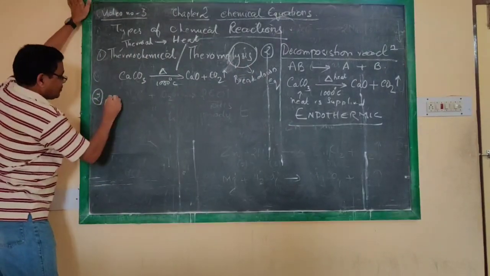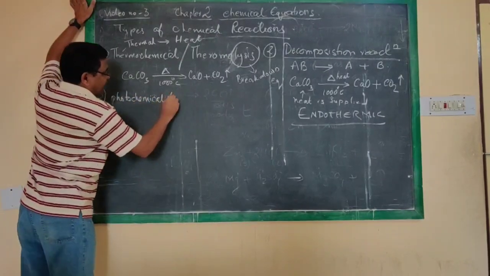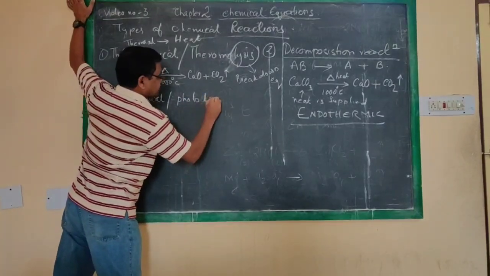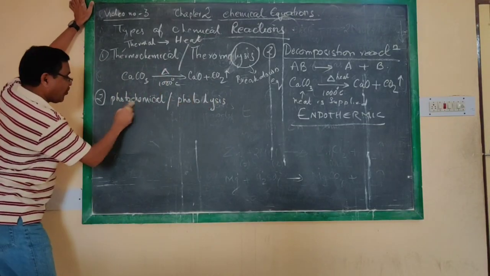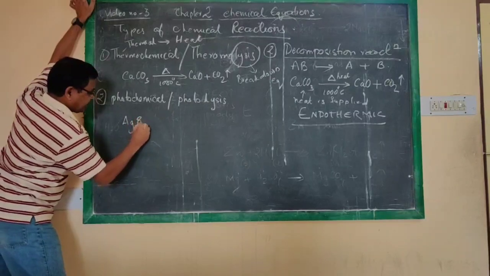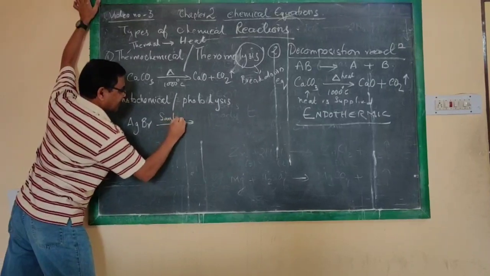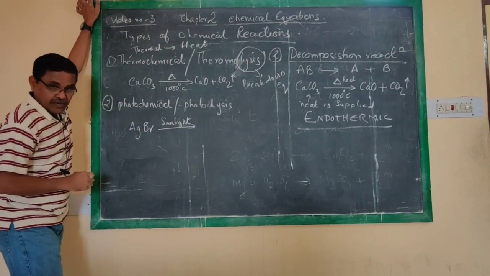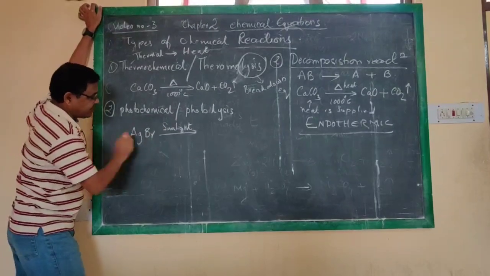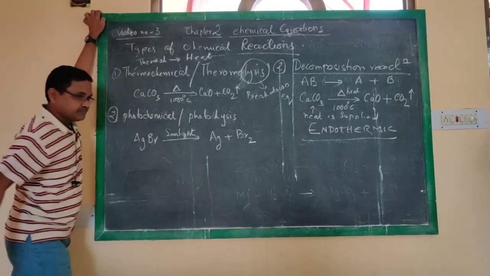Second one is photochemical, or you can say photolysis. Photo means light. Suppose I take silver bromide in the presence of sunlight. In the presence of sunlight, this will decompose into silver and bromine.